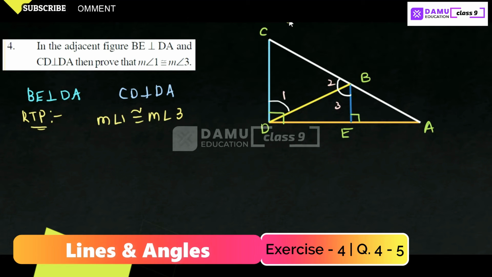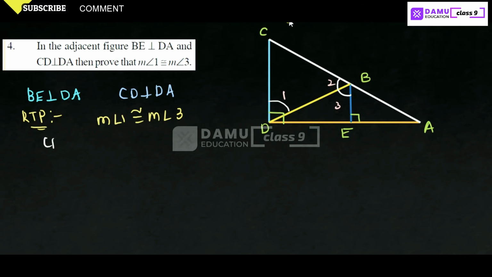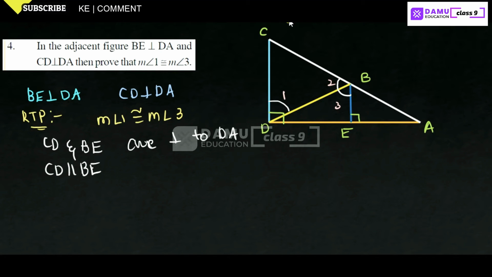So actually here is angle D. Whatever is given, CD and BE are both perpendicular to DA. That means CD is parallel to BE. So these two lines are parallel to each other.